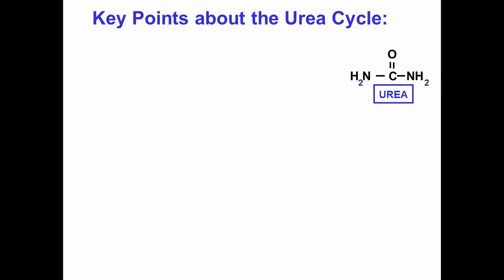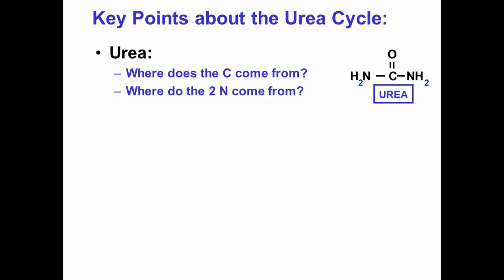Sorry, now I've got to get back to my key points about the urea cycle. So, where are we going to say the C comes from? CO2. Where do the 2 nitrogen come from? Ammonia.